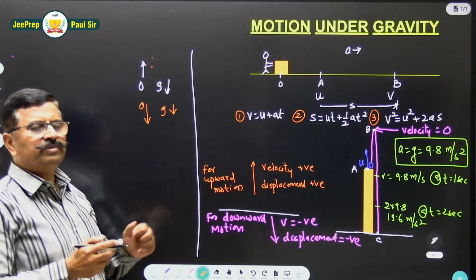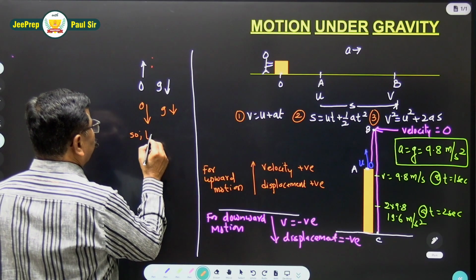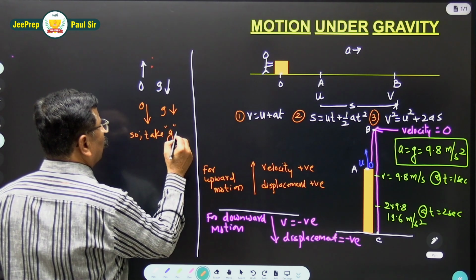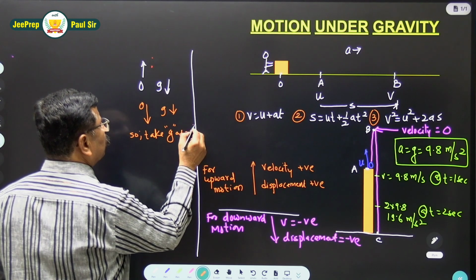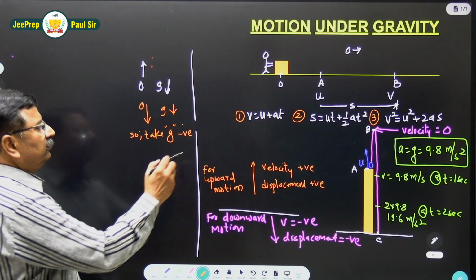So this G becomes a downward vector. So take G negative. So take G as minus G.